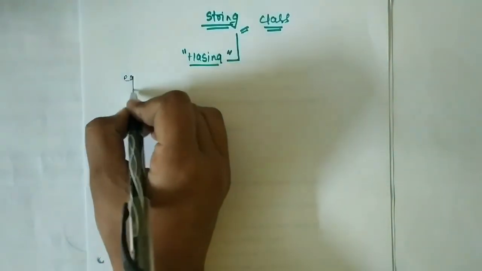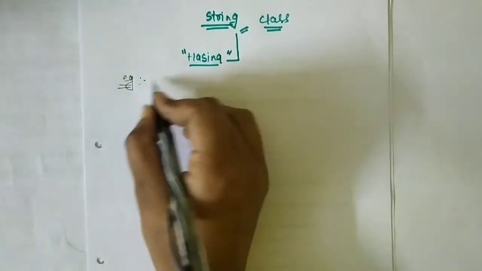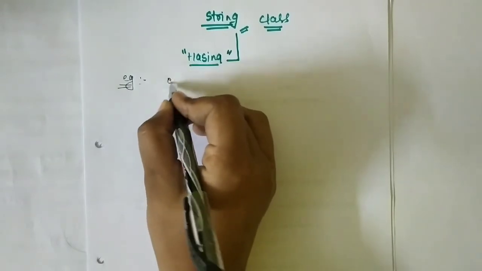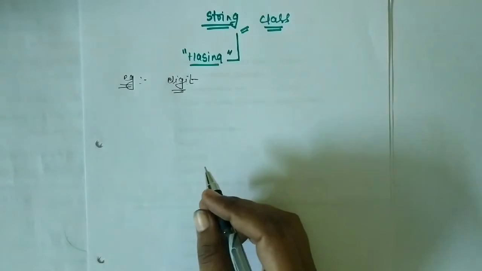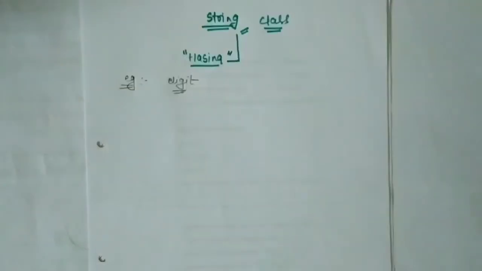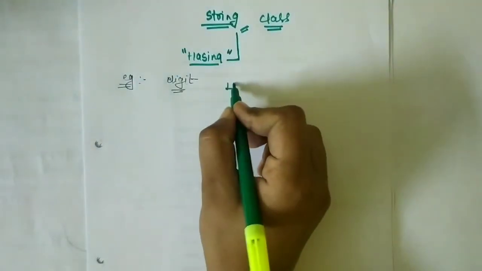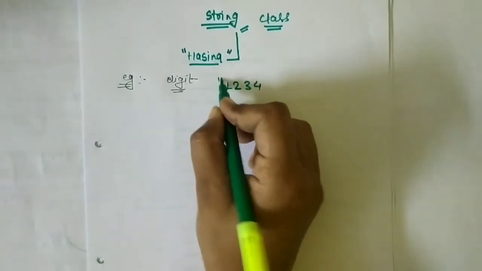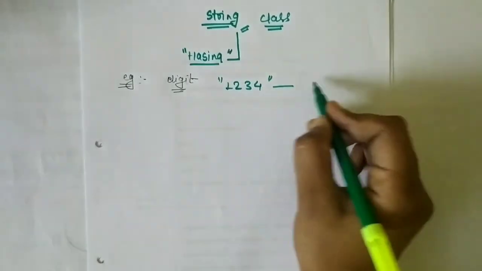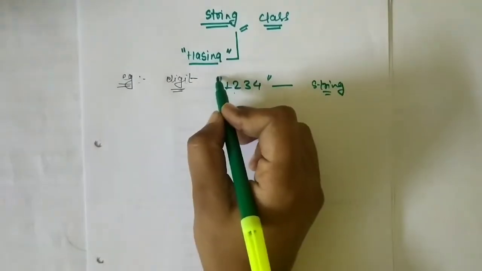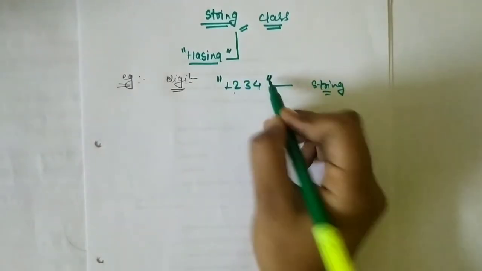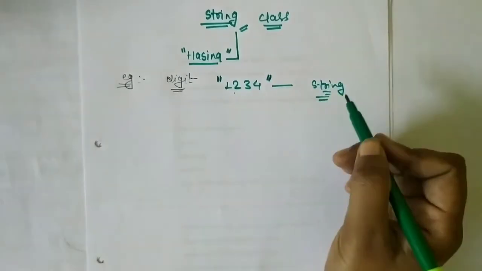Let's see some examples of strings. String can be digits. Let's take some digits as a string example. Here I have written 1 2 3 4 within double quotes. So this is called a string. Anything written within double quotes is called a string.